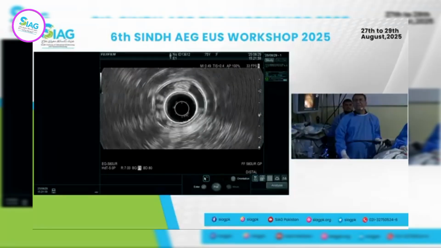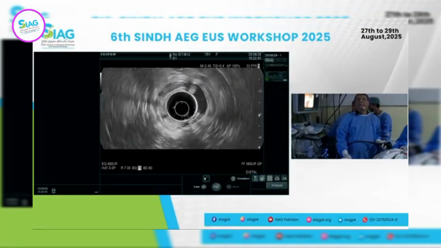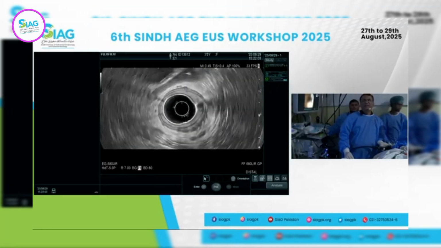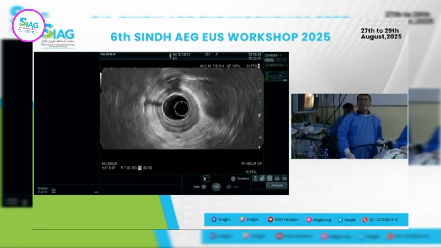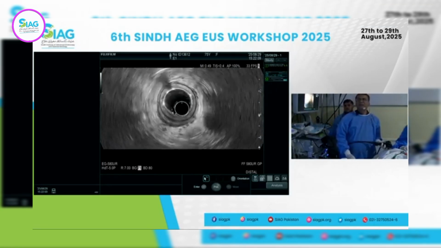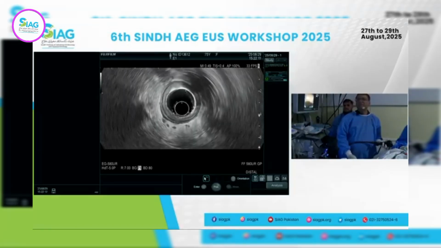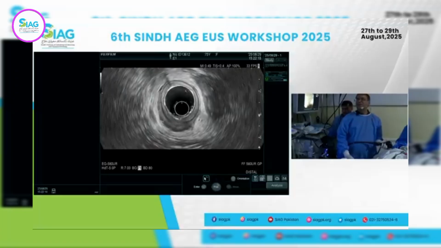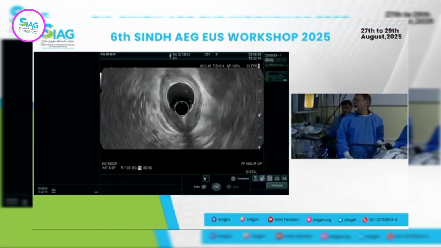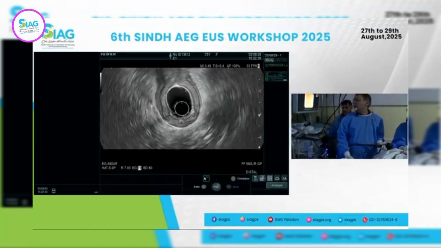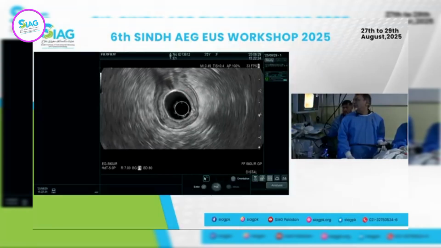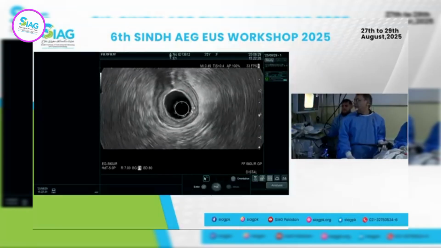Right there, we don't see a mass basically. It's right at the bottom. You see a little bit of mucosal thickening, but the muscularis itself is really well preserved.